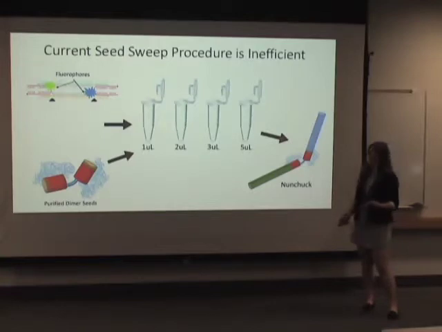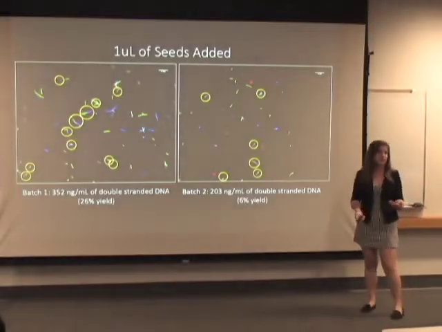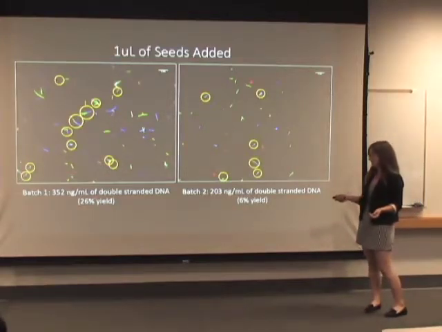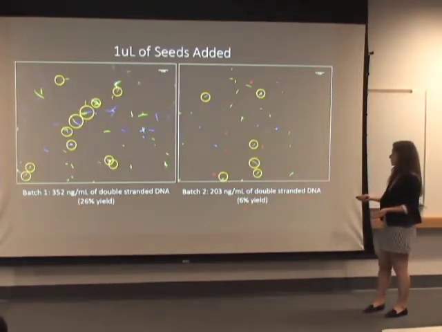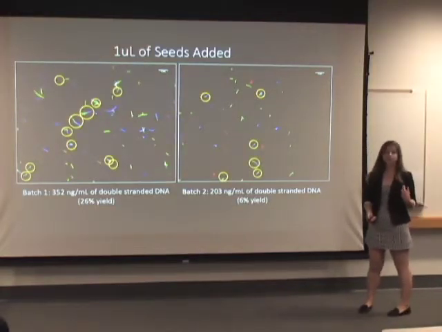So now we have our purified seeds, but we have no idea how concentrated they are. So this is where the Qubit comes in. The Qubit fluorometer allows us to measure the concentration of double-stranded DNA in our sample by attaching fluorescent dyes to the double-stranded DNA. So now we know how much double-stranded DNA is in our sample.